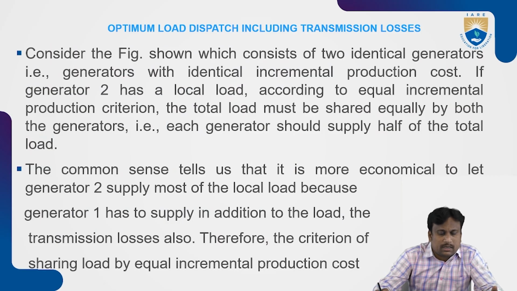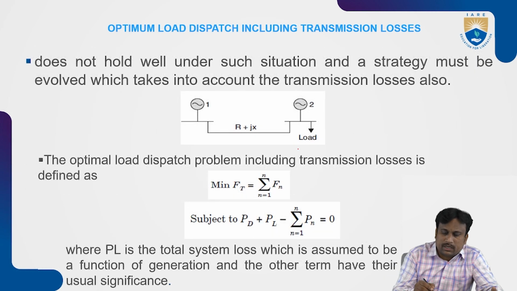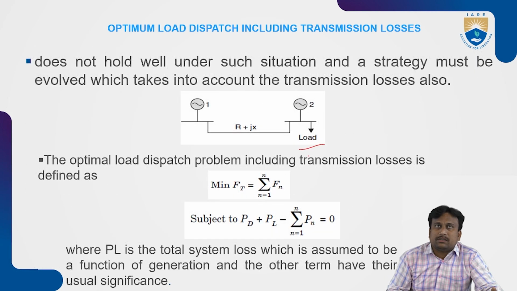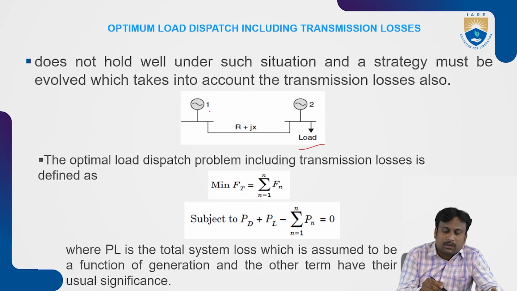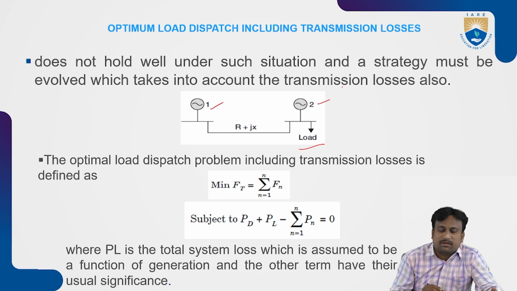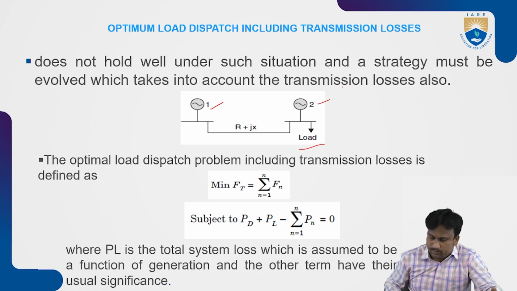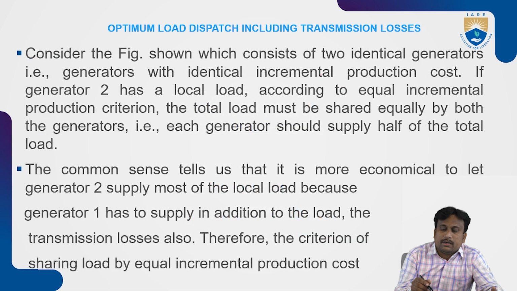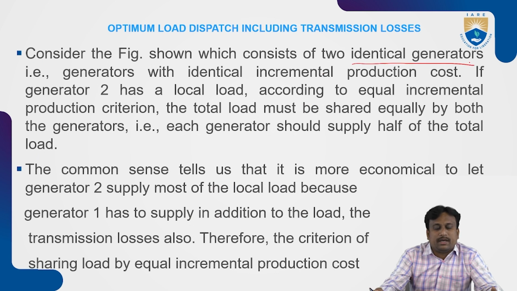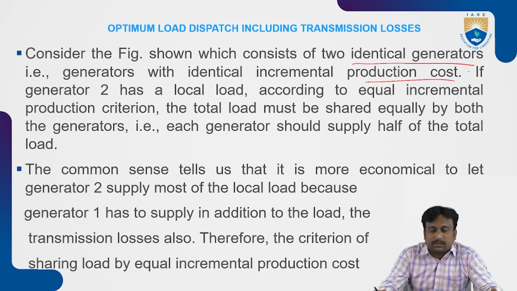Coming to this, consider the image shown here. With this, we are shown the representations of generators 1 and 2. With that, two identical generators' incremental production costs will be represented.